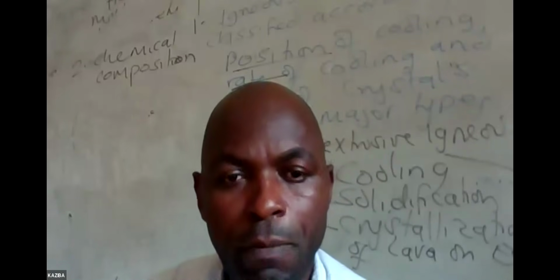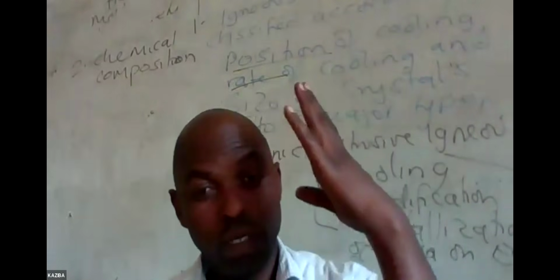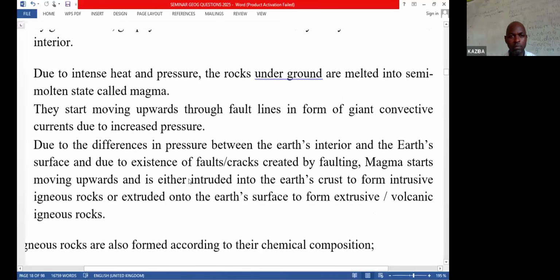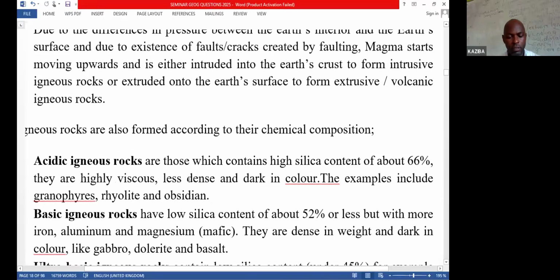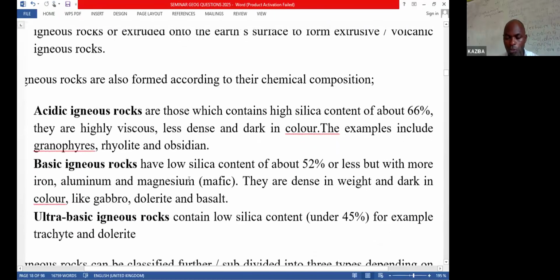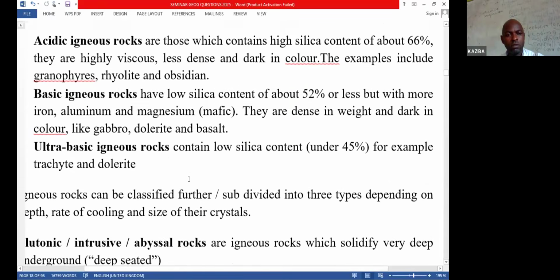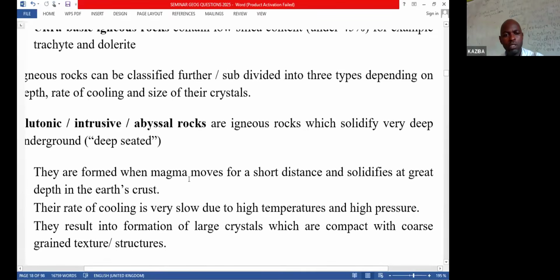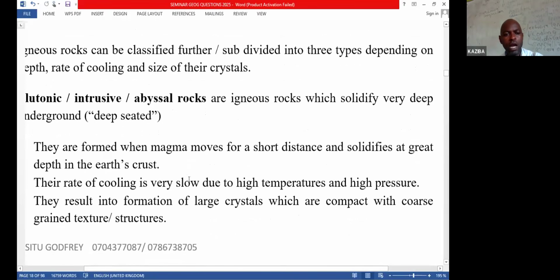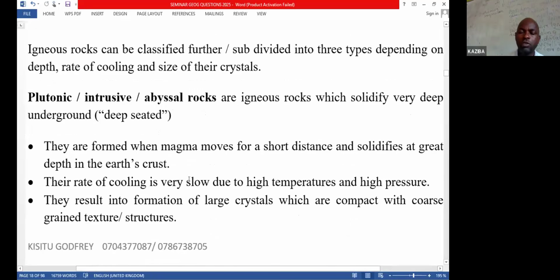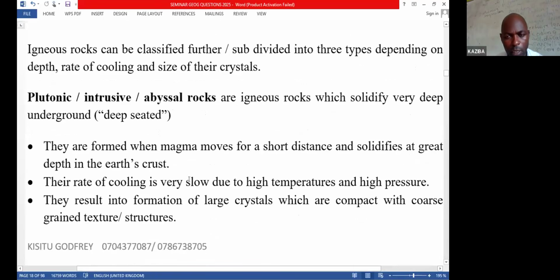The first classification is about the position of cooling. Igneous rocks can be classified according to the rate of cooling, position of cooling, and size of crystals into three major types.